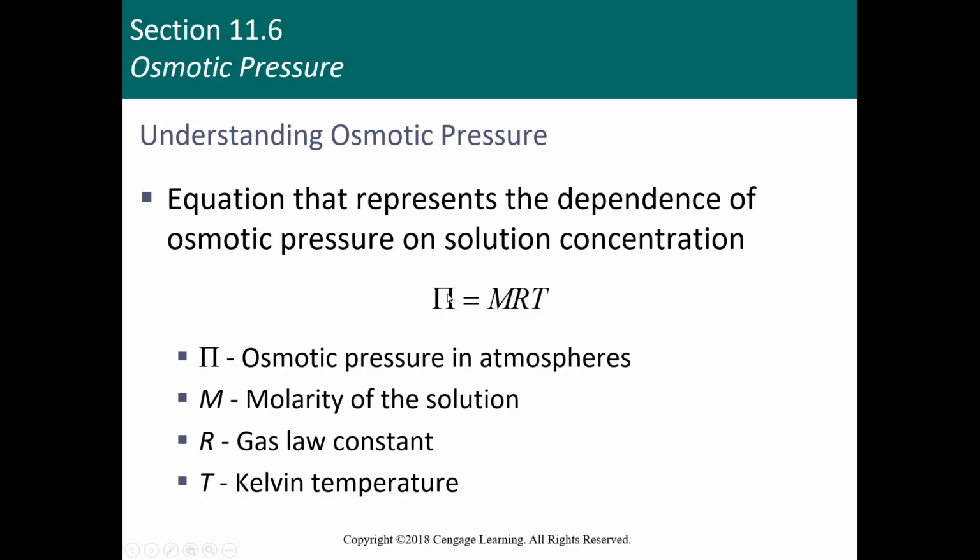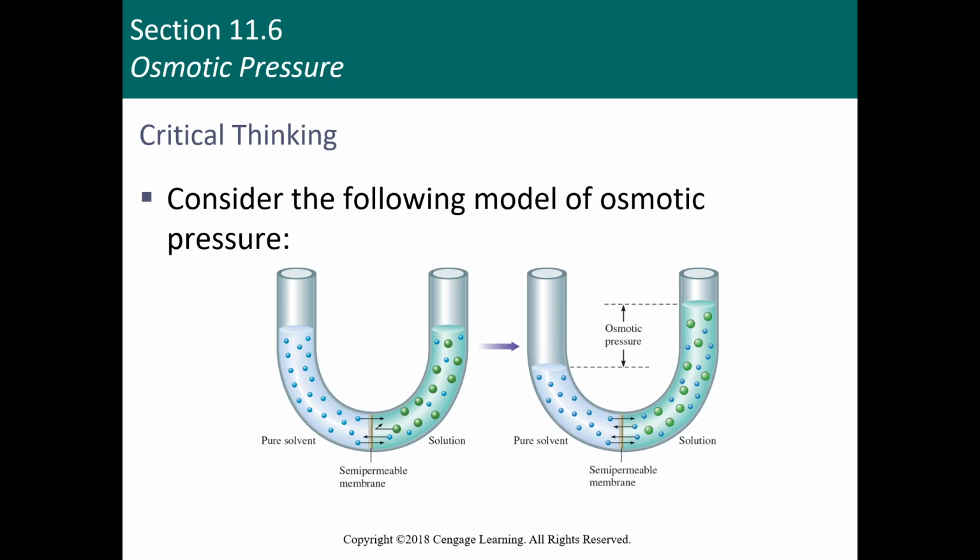And this symbol right here is osmotic pressure, and it's in atmospheres, just like the pressure of the atmosphere around you is in. Just remember that that is one form of pressure, right? And that's what we're talking about, force over an area. Now, if you're wondering what that symbol is, it's actually capital pi, uppercase pi.